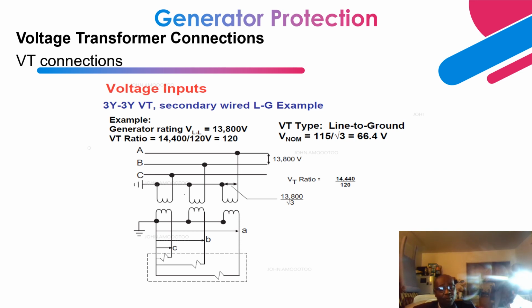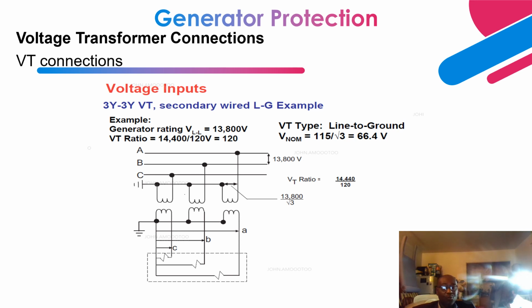In the previous slide, what we were interested in was line-to-line parameters for the measuring instrument or particular relays. And on this one, it's a Y grounded VT. As you can see, that is 13,800 over root 3, which gives us our line-to-ground voltage.